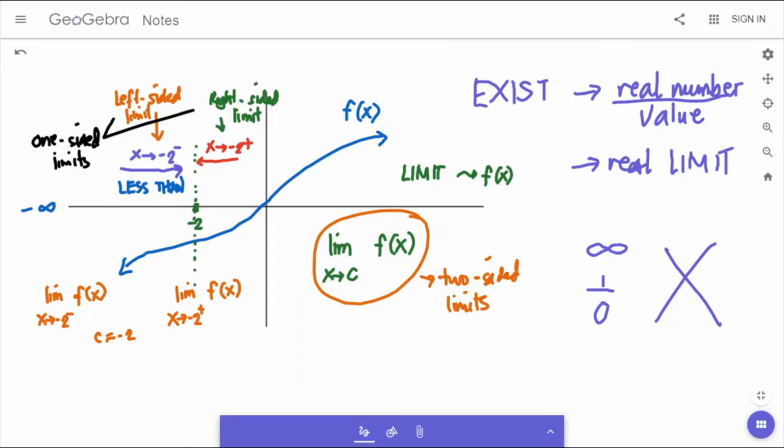So, ibig sabihin, pag sinabi mong both exist, the limit from the left and right both exist, ibig sabihin, there's a real number value. And they're equal, sabi niya. So, pareho sila. So, kung ang limit ng left ay 6, dapat ang limit din daw ng right ay 6, so that the limit of the function in a two-sided limit is also 6.